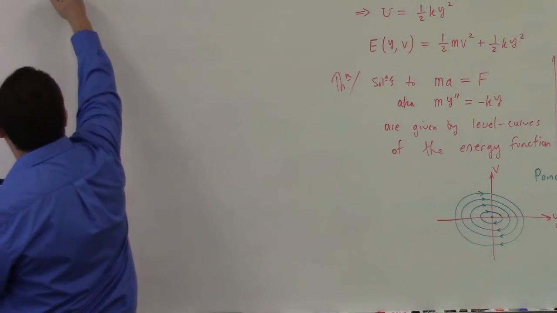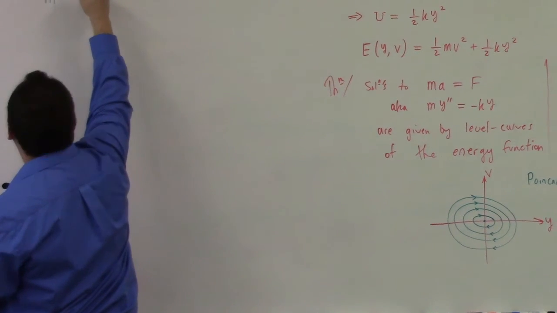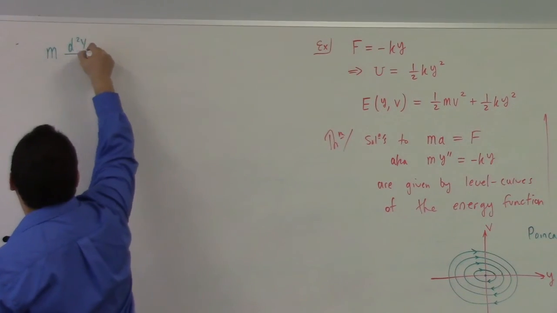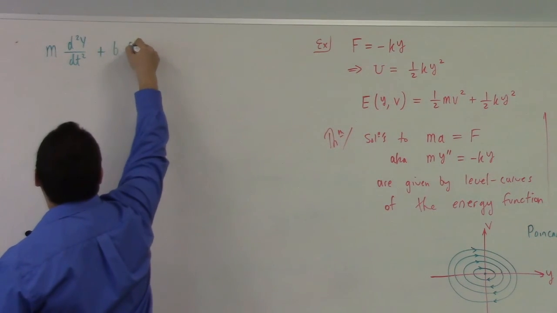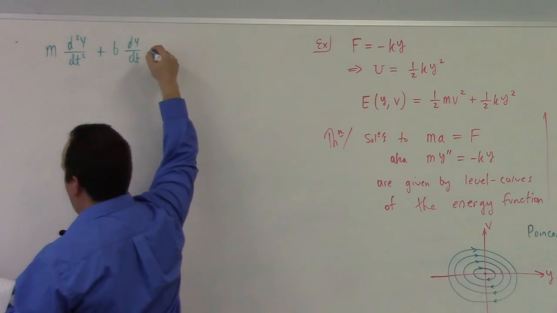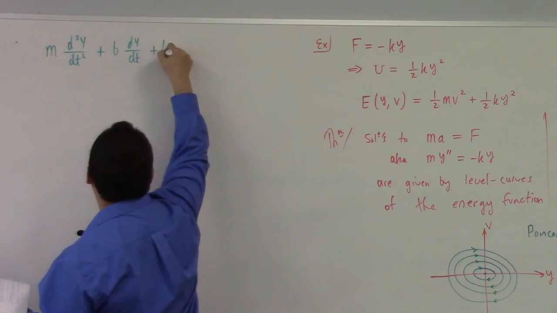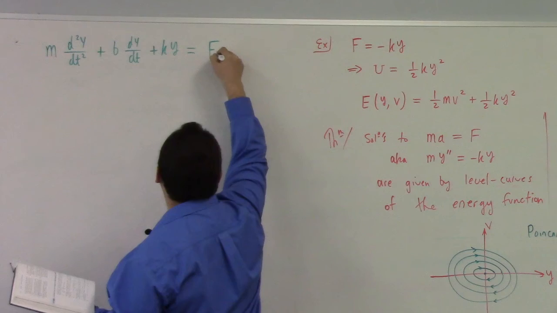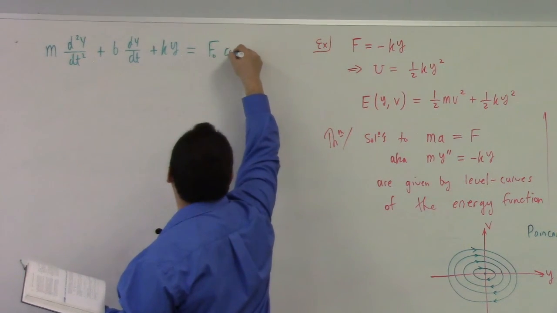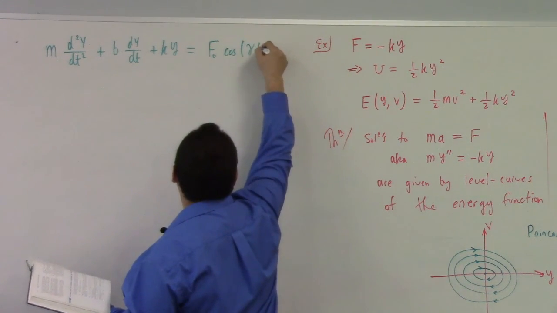We face the problem m d squared y dt squared plus b times dy dt plus k times y equals to f naught the cosine of gamma t.